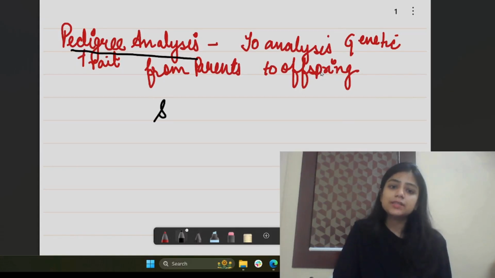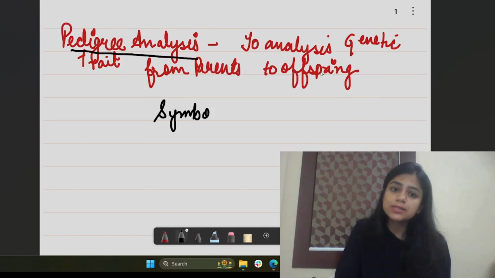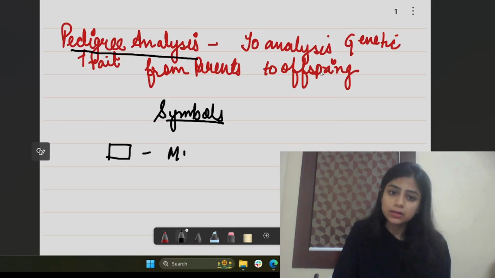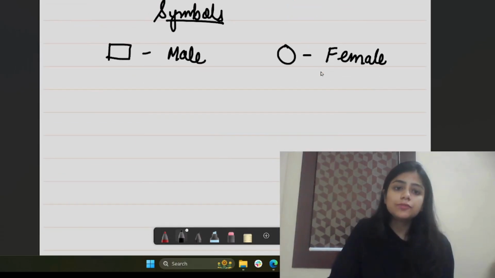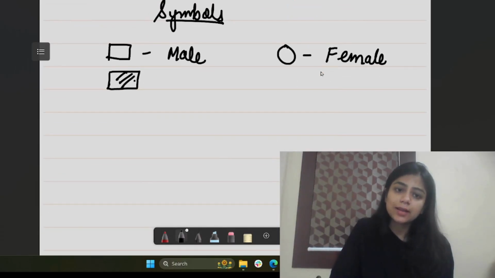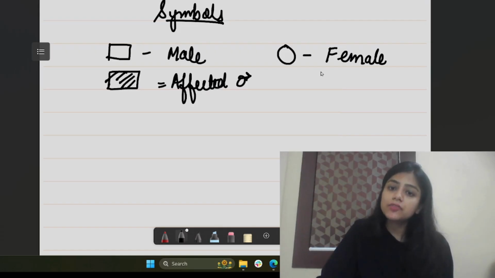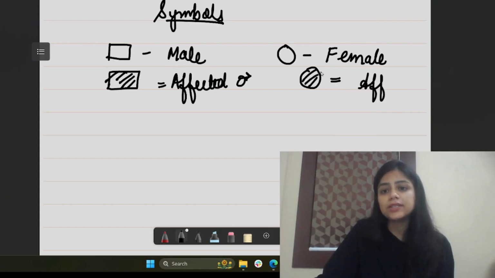If we are talking of the symbols here, there are some symbols that you need to know. This symbol denotes a male. However, this symbol denotes a female, right? Let's move ahead. If the male is affected, this is the affected male. However, if the female is affected, we denote it as the affected female, right?